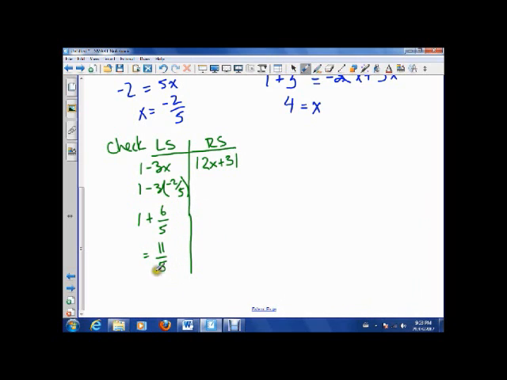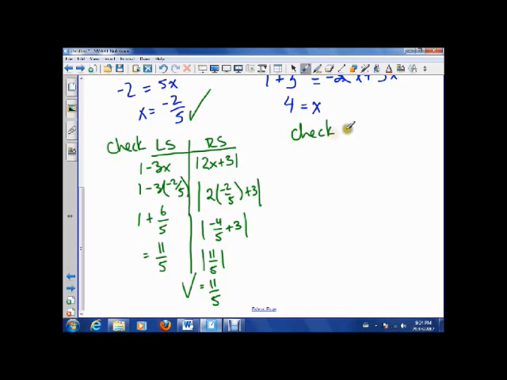Okay, so on the left side we got 11 over 5. On the right side we have absolute value of 2 times negative 2 fifths plus 3. So this gives us absolute value of negative 4 fifths plus 15 fifths, which is 11 fifths. So that's good. Okay, so this answer is good.